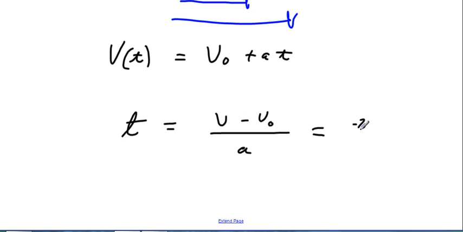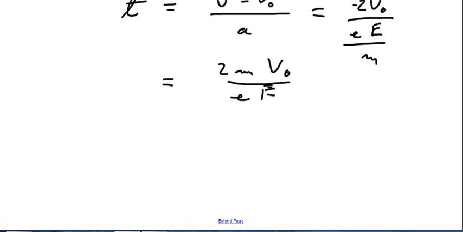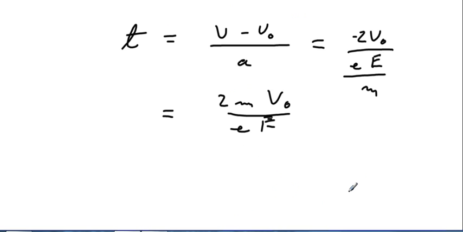So minus 2 times v naught, because I'm going the other way, divided by E, big E, divided by mass. So I end up with 2 mass velocity naught over little e times big E, and that's going to be the time it's going to take for this guy to get back to where it started from.